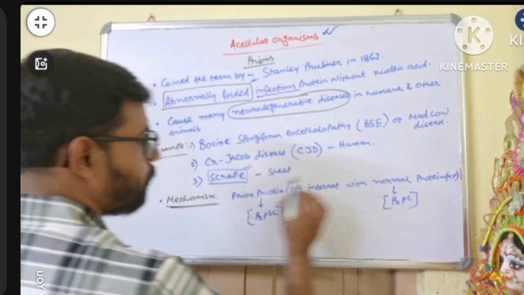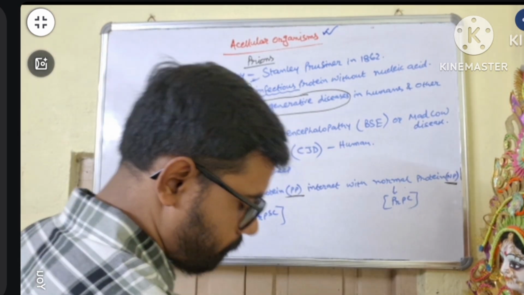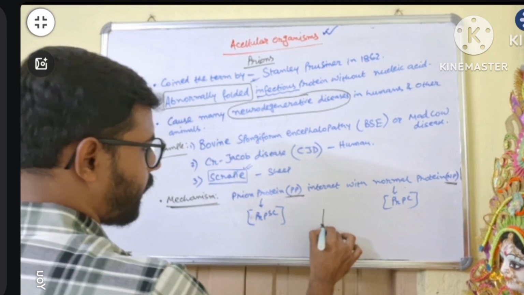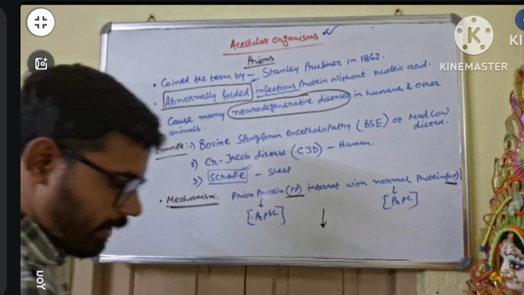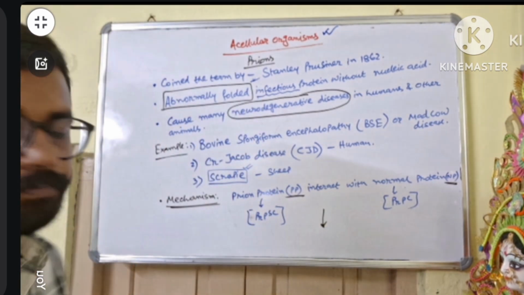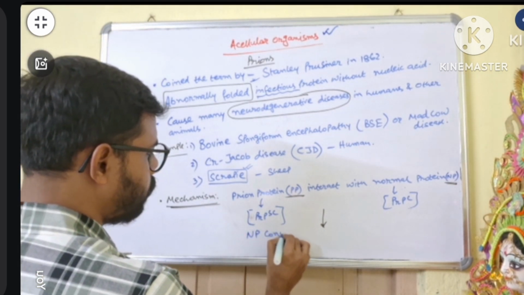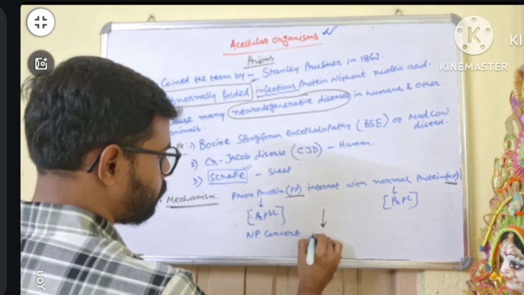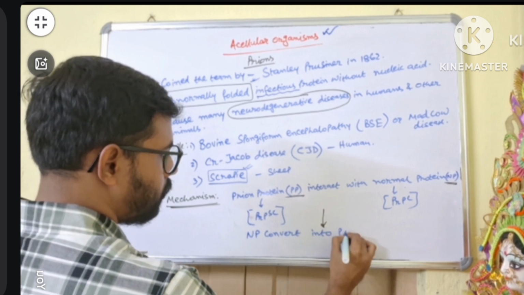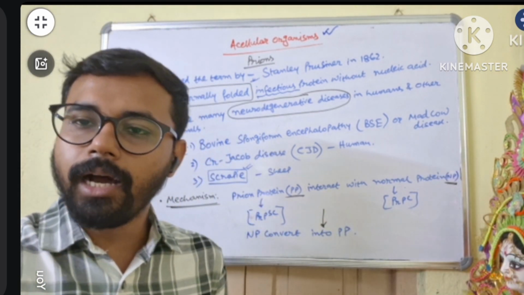First of all, PP interacts with the NP, and now the NP is abnormally folded. After the interaction, what happens? This NP, the normally folded protein, becomes PP. NP converts into PP. So the majority of NP is now converted into PP, and PP now oligomerizes.